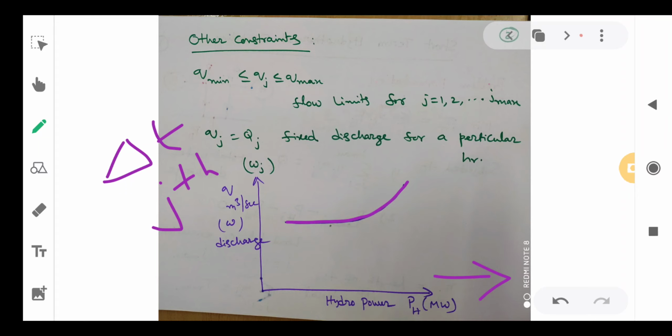Hydropower is on the x axis, PH in megawatt, and Q is on the y axis, meter cube per second, Q being the water discharge. The hydropower generation curve is flattened at the bottom side, after that it is increasing. So therefore the power generation for a particular discharge is maximum at the valley point.